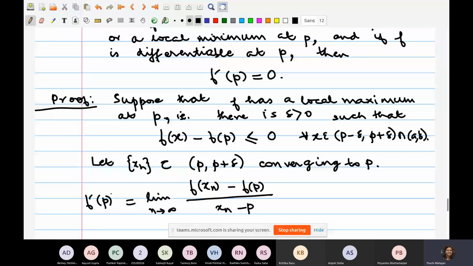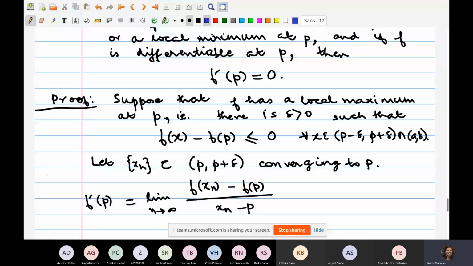Now, what can we say about this difference quotient? What do we know? P is a point of local maxima, which means that f of x minus f(p) is negative no matter what. So in this difference quotient, the numerator is negative. And how about the denominator, xn minus p? The denominator is positive because the xn's are defined in such a way. Let me draw a little picture if that helps.